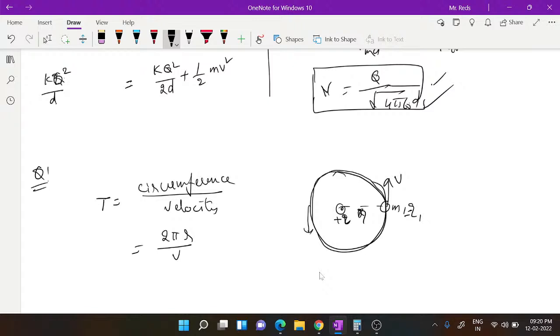But velocity is not given; it is mentioned that they have charges. Here this is the center where we have one charge plus q2, around which minus q1 is moving.